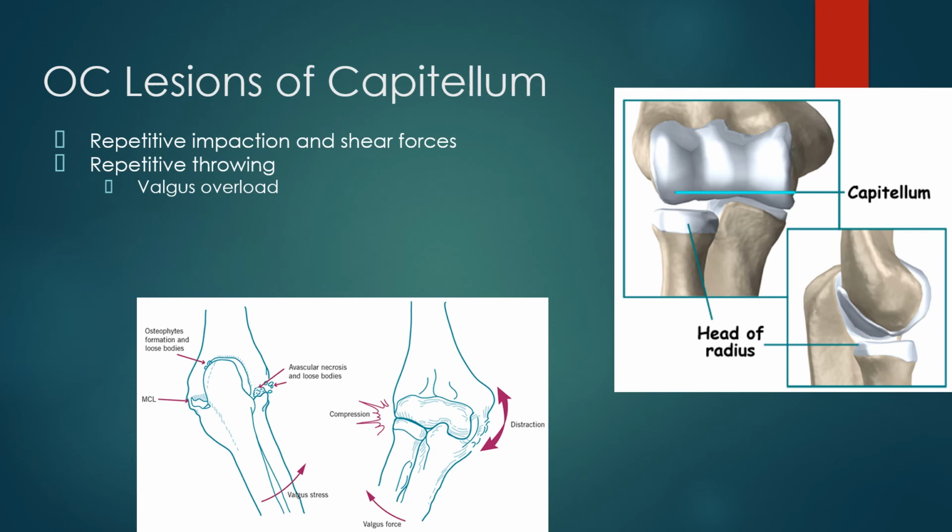So let's change gears again. One thing that's very common in the sports population is an OC lesion of the capitellum. We've started to change a little bit in our medical terminology to shift away from an OCD lesion, which stands for osteochondritis dissecans, and we've changed from OCD lesions to OC lesions, leaving the osteochondral part in, but removing the dissecans or sort of that defect.